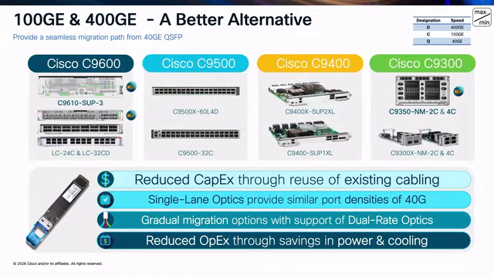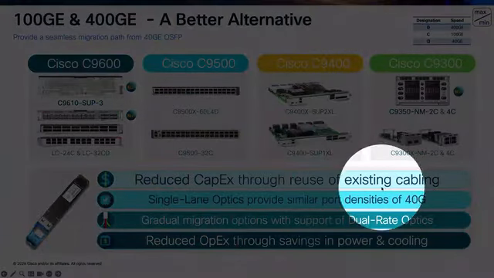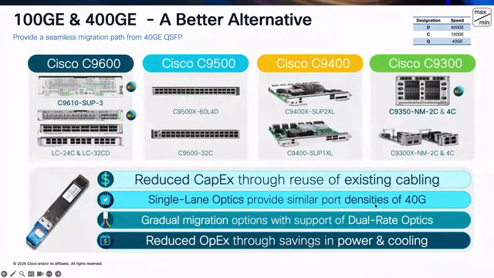But what's important is, when you're thinking about upgrading the speed of your uplinks between access and distribution, you might want to explore the idea of using dual rate optics. If you didn't know, they operate at 2, sometimes even 3 rates.